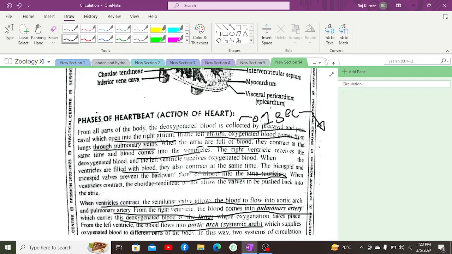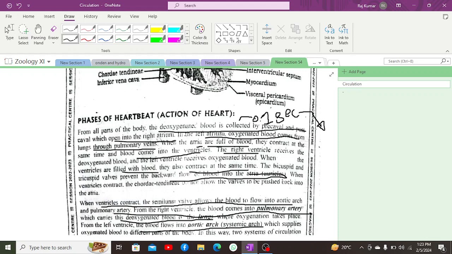As a result, when pressure is ultimately increased, the valves will open up and release the blood into the ventricles. This period is known as atrial systole, which lasts for around 0.1 second.